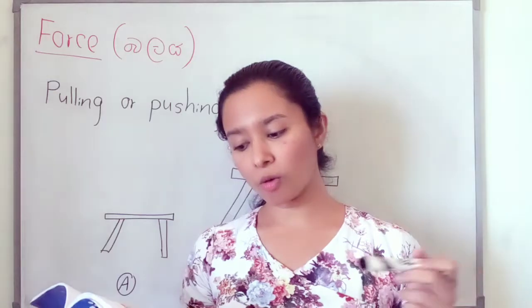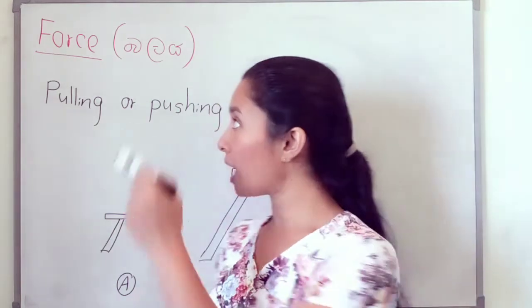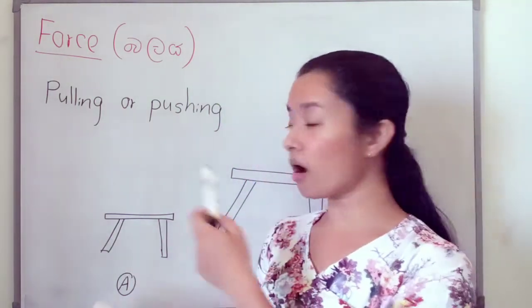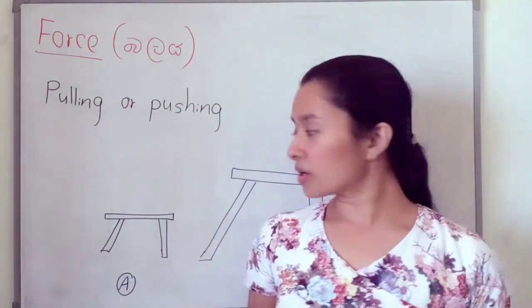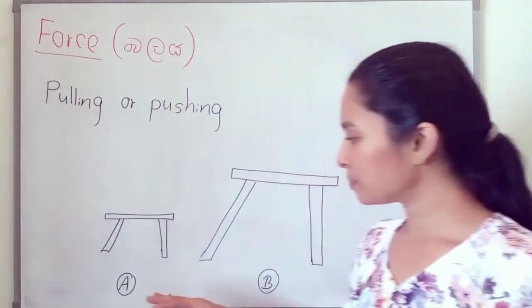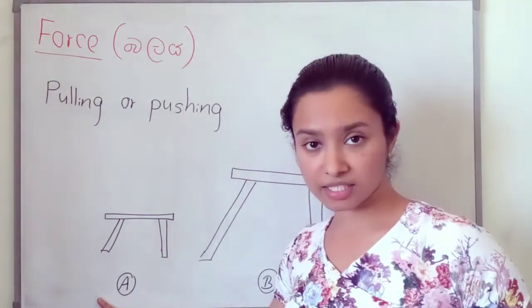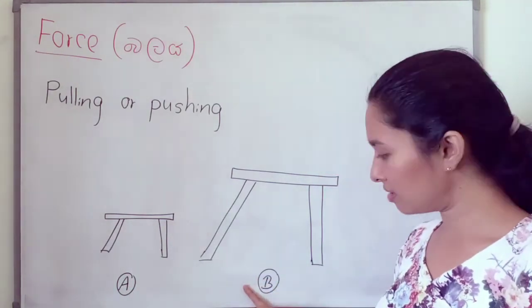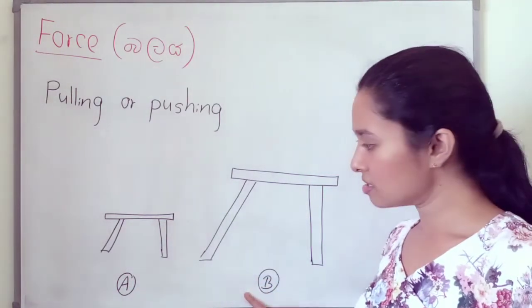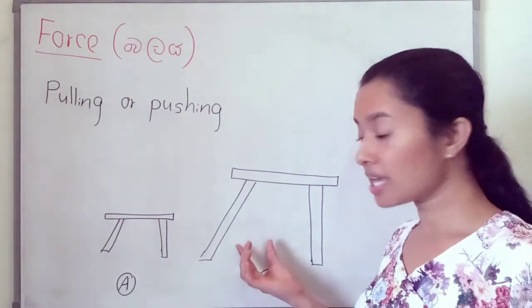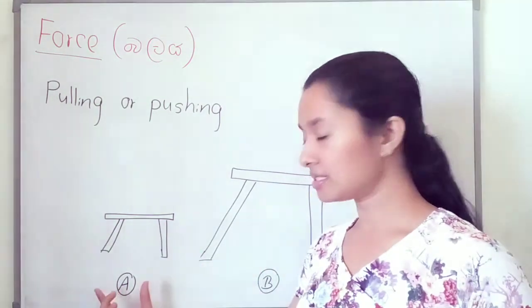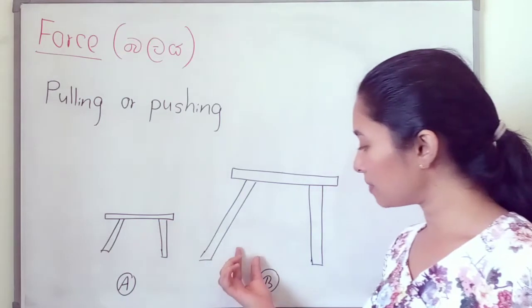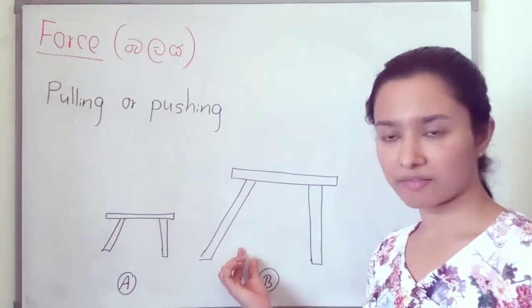Okay, pulling or pushing is known as applying a force. Okay, think about this one. This is a small table, table A, and this is a large table. This is table B. So, table B is heavier than table A. Table A is the lighter one, table B is the heavier one.